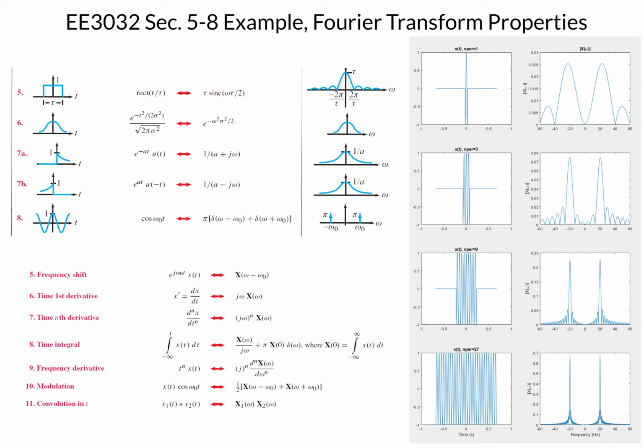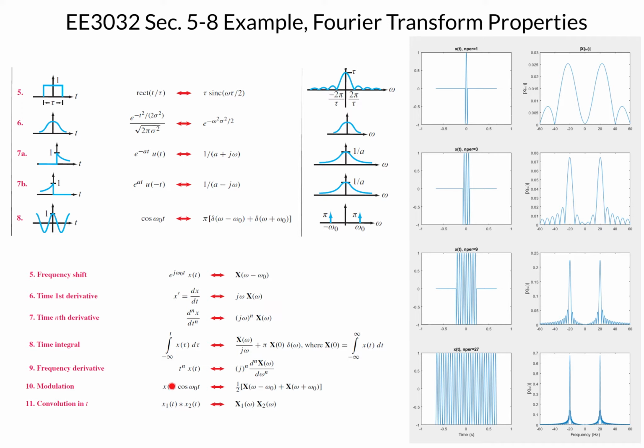So here we let x of t be a rectangular pulse that's going to exist and be on for 1, 3, 9, or 27 cycles of the cosine, and we modulate that x of t rectangular pulse with cosine of omega naught t, where omega naught represents a 20 hertz frequency.